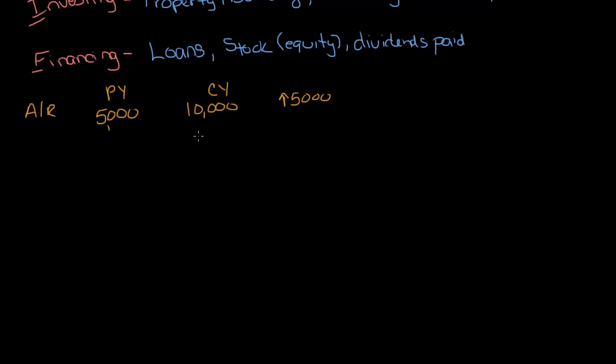Now, here's the way I think about this. Okay, this is my baseline, this $5,000. So at the beginning of the year, my customers owed me $5,000. I sold them my product throughout the course of the year. Okay, and at the end of the year, my balance is not the same, it actually went up, which means that some of my customers did not pay me for the sales from this year.